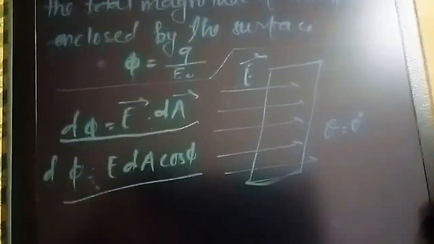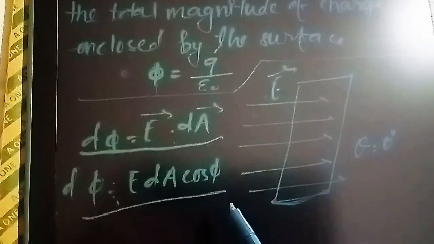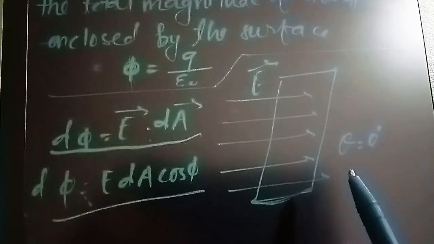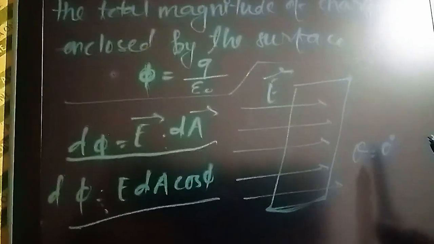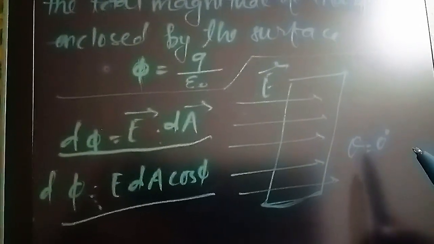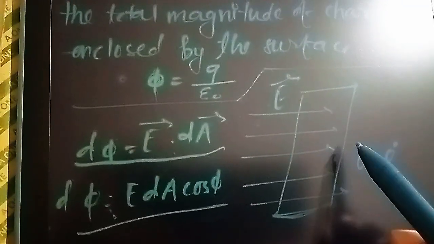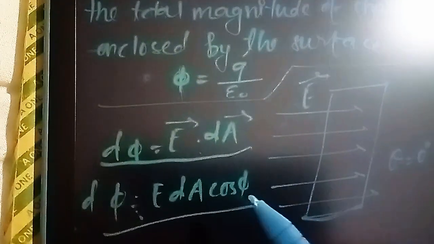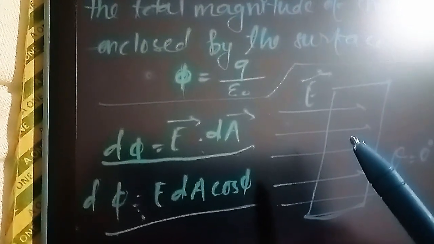I've drawn a figure. The electric field is from left to right, and I have drawn a plane whose area is A. If the electric field is going from left to right and the plane is here, as you can see, then d phi, our flux, is equal to E into dA.